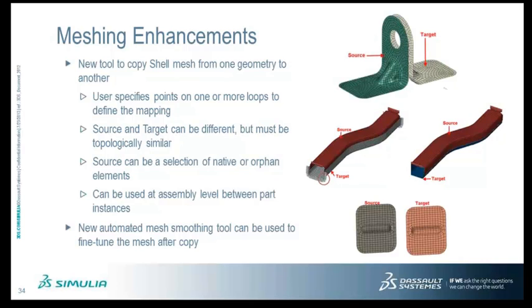So you can imagine this tool in cases where you want instances of the matching parts to have matching meshes. Finally, along with this tool, you can apply the mesh smoothing tool to fine-tune your mesh and make your copied mesh reflect the kinds of similar mesh that you want.